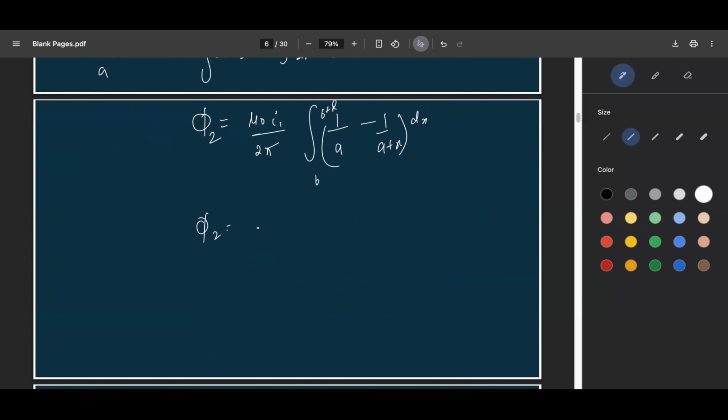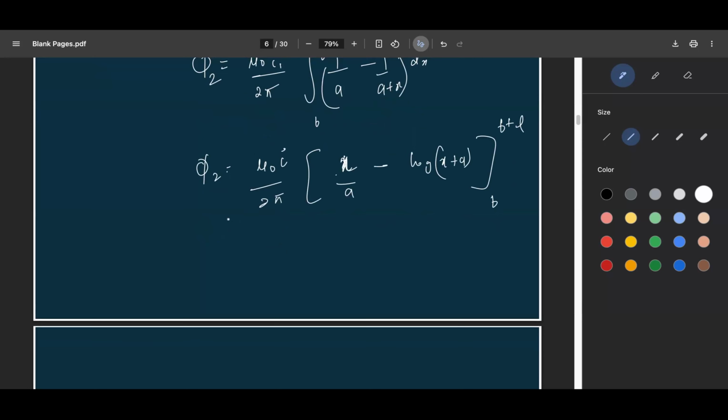Flux 2 is equal to mu naught I divided by 2 pi, integration of 1... okay, sorry. Integration is x by a minus log of x plus a. This is the integration we are going to get, from b to b plus l.